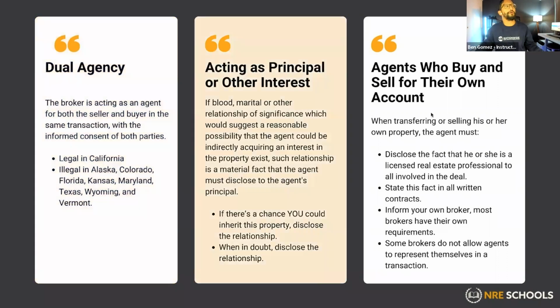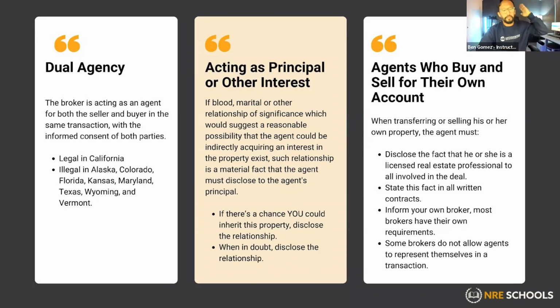What you also need to know is acting as principal or other interests. If you are representing somebody who is a blood, marital, or other relation of significance, which would suggest a reasonable possibility that the agent could indirectly acquire the property, you do need to disclose it. If I'm representing my mom in the purchase or sale of a property, I need to disclose that the agent is related to the principal.